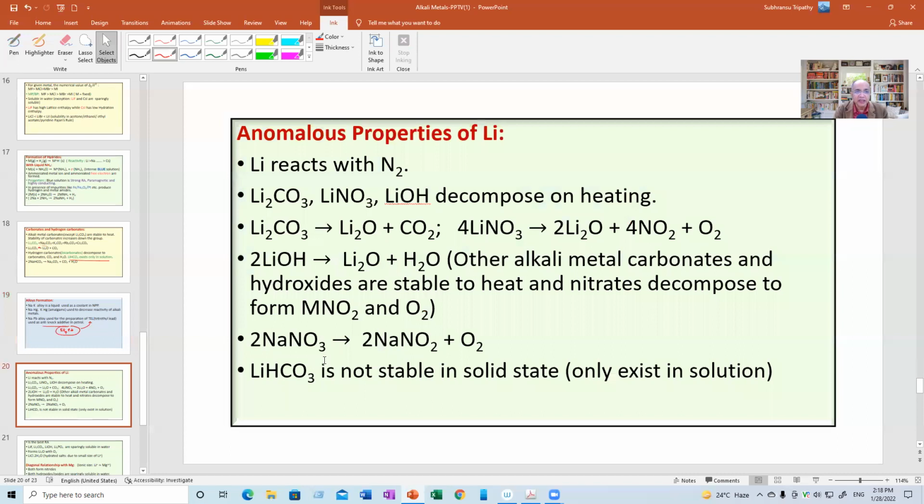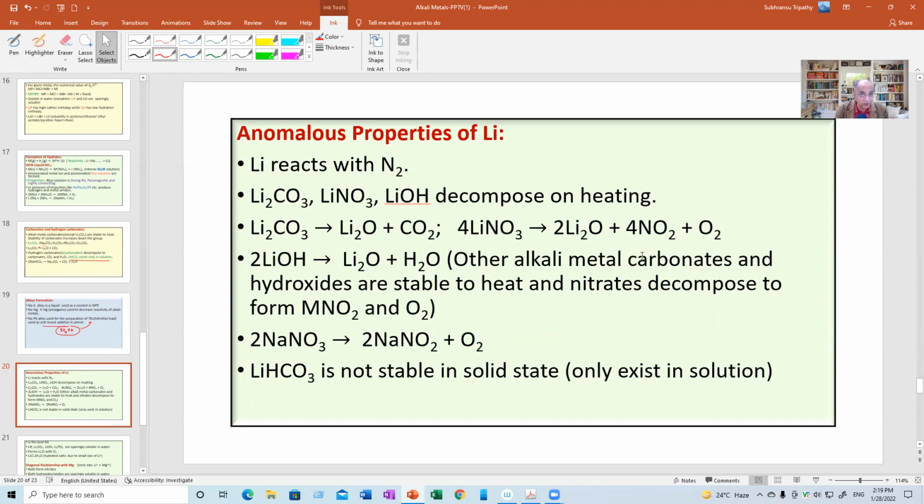That is history. Now coming to anomalous properties, lithium is different. Being the smallest member of the family, it has got many unique properties, like it can react with nitrogen to form nitride, while others won't because of size mismatch. Lithium carbonate, lithium nitrate, lithium hydroxide, they are unstable to heat. Lithium carbonate will give carbon dioxide.